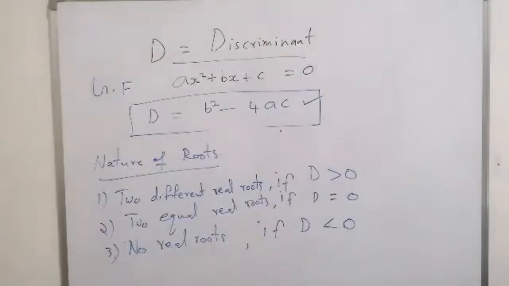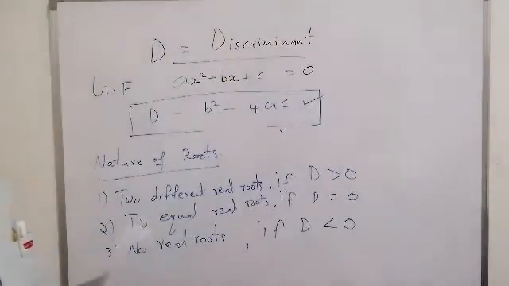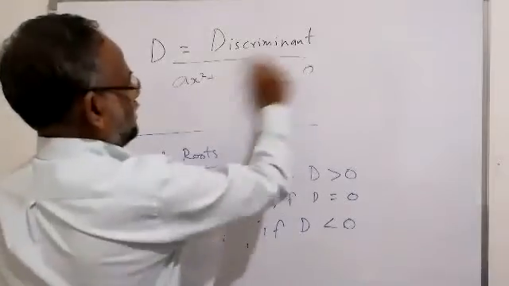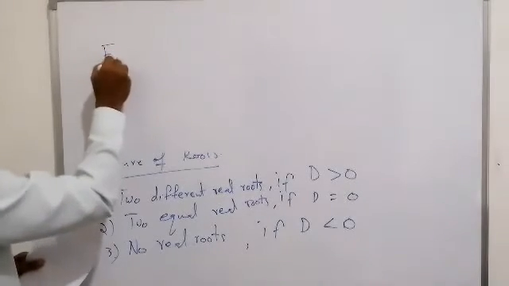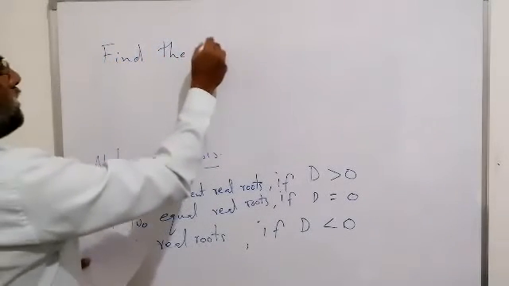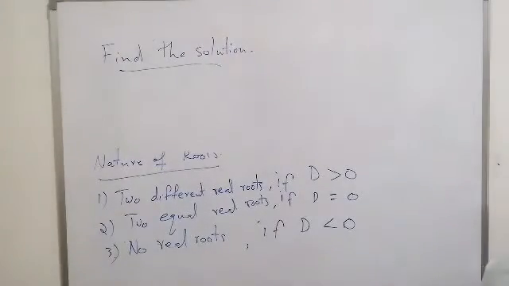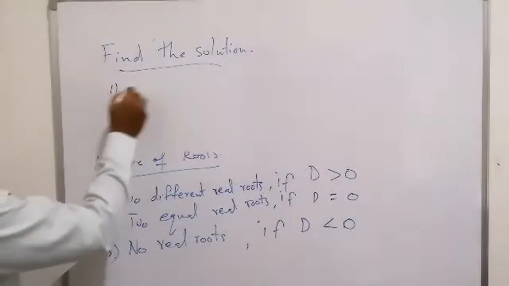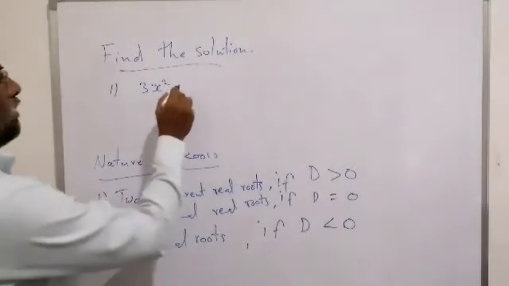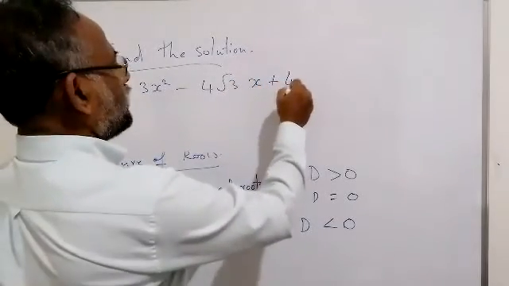Find the solution of the following equation: 3x² − 4√3x + 4 = 0.